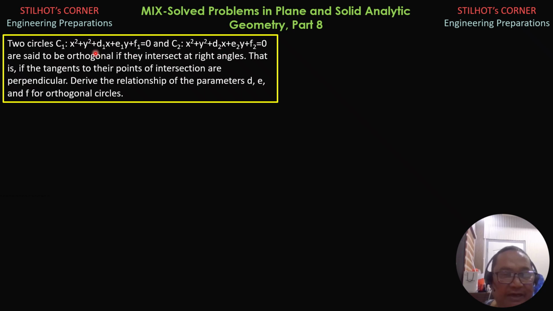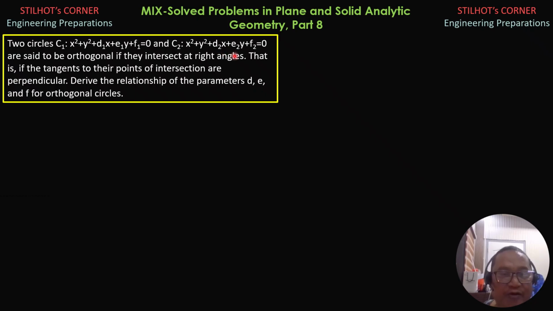The coordinates of the center, remember, we simply multiply negative 1 half to the coefficient of x. So for circle 1, negative 1 half of d1, comma, negative 1 half of e1 are the coordinates of the center of circle 1. Likewise, for circle 2, the coordinates of the center are negative 1 half of d sub 2, negative 1 half of e sub 2.